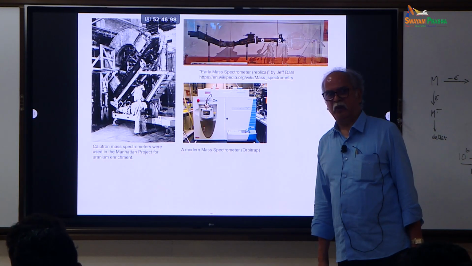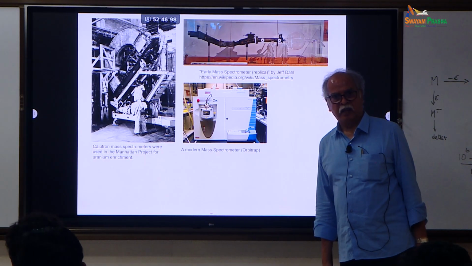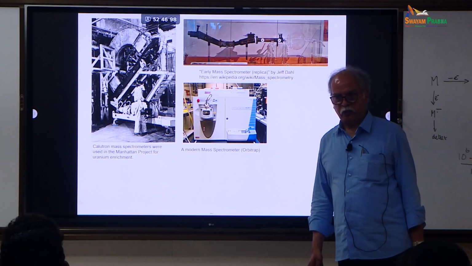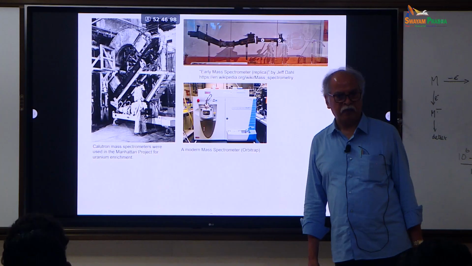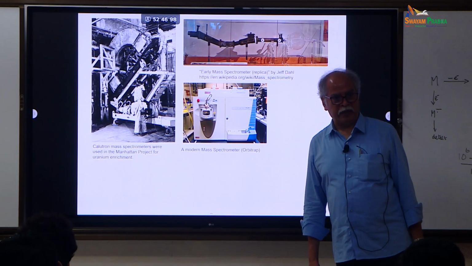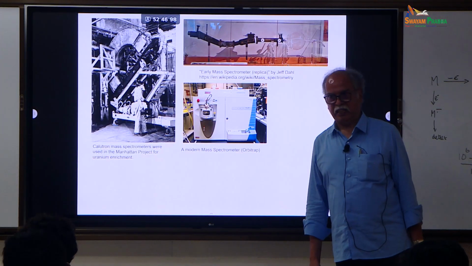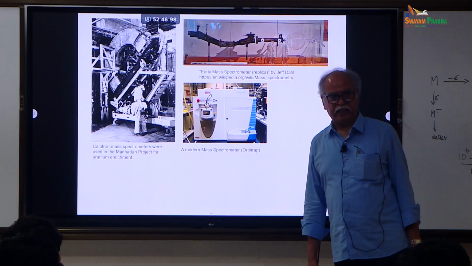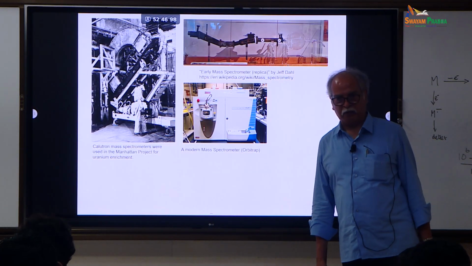You make the hexafluoride of uranium, and then you can distill the two isotopes. You can use mass spectrometry to separate them. This is what probably is happening in the United States and other places where they beat their drums about nuclear weapons.